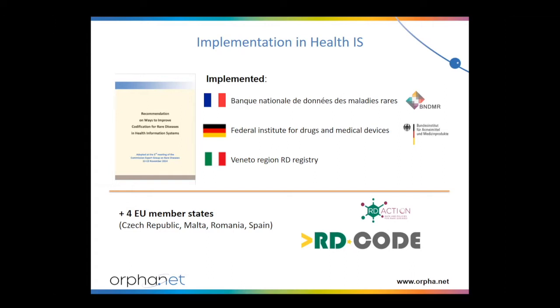And there is an ongoing project that you may have already heard of, the RDCode project, which is funded by the European Commission as part of its 3rd health program to promote and help the implementation of ORPHAcodes into more member states. And 4 countries are directly involved in this project, which are the Czech Republic, Malta, Romania, and Spain.